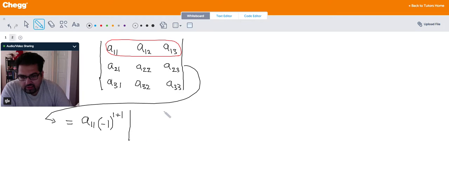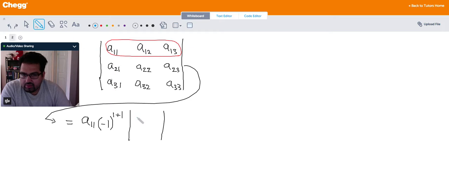Then I multiply by a determinant, which is obtained by canceling the row that you chose and the column corresponding to that first element we are working on. So I'm basically canceling this and canceling this. So I'm going to write A22, A23, A32, and A33 here.